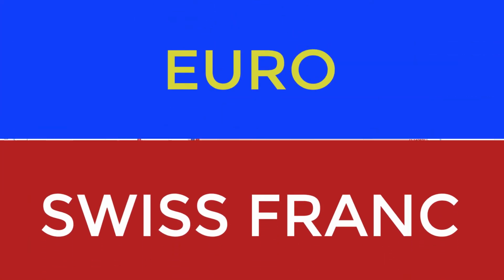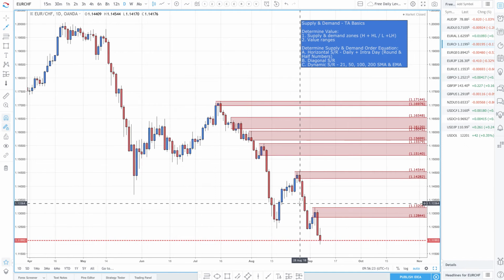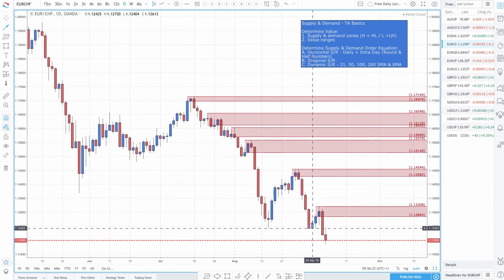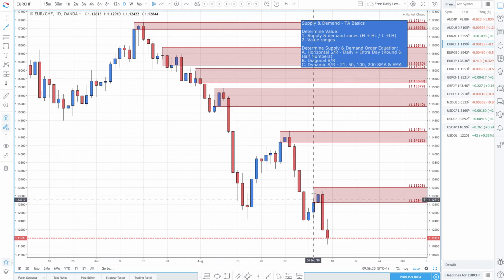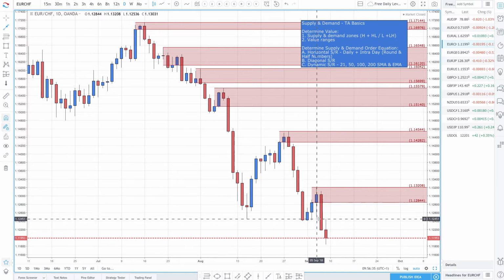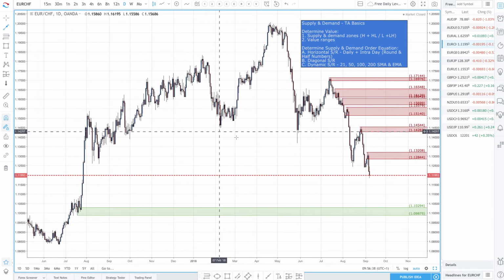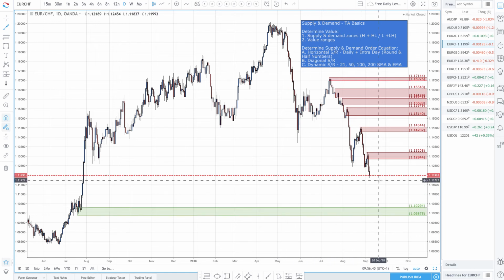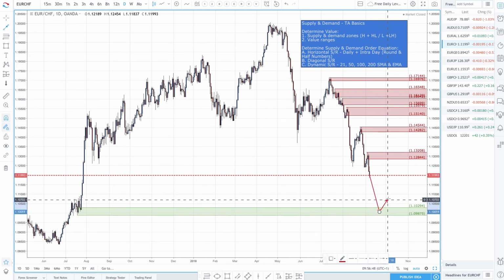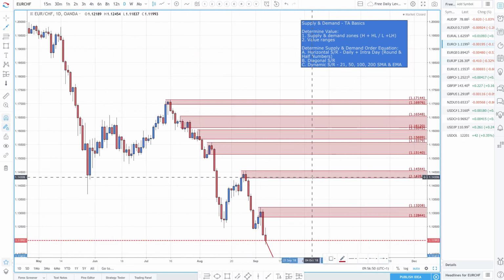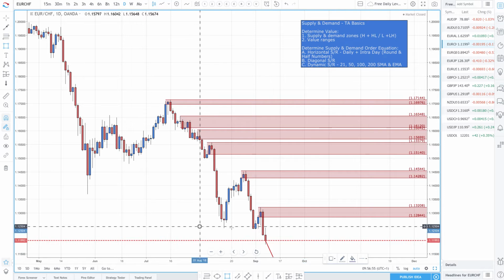Euro Swiss franc. I'm bullish on the Euro Swiss franc, and I was actually in this from last week on the lower time frame, but we've just had some negative sentiment as well. The Swiss franc getting a bit stronger, so I got stopped out, but it's only one trade, managing my risk, so it's fine. So the next obvious level is going to be right here before looking to get long, or what we could potentially be seeing at the moment is a potential stop hunt, right?